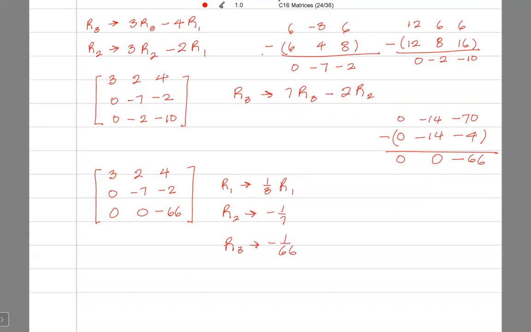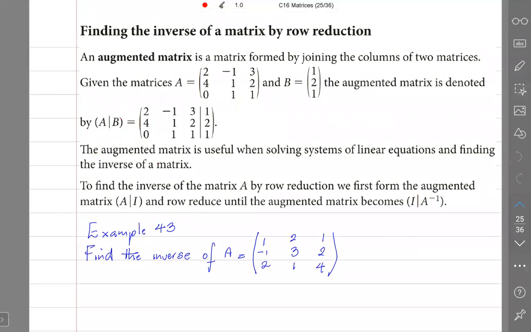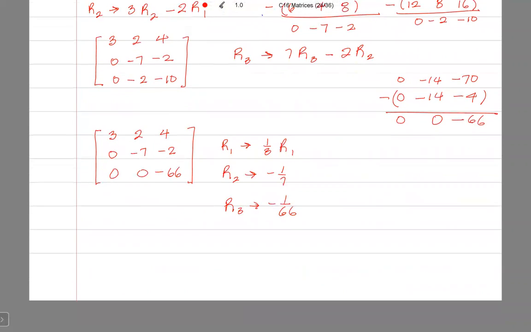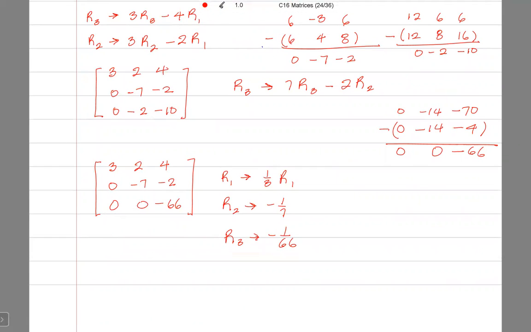What this will do is get the elements of the leading diagonal to all be positive 1. So this is going to become 1, 2/3, 4 over 3, 0, 1, 2 over 7. That's minus 2 times minus 1 over 7 becomes 2 over 7, and 0, 0, 1.